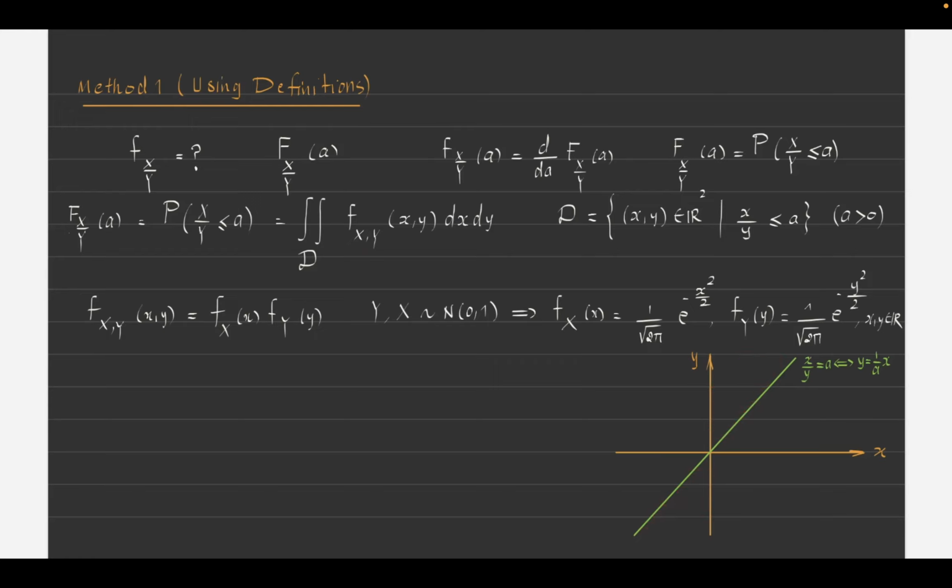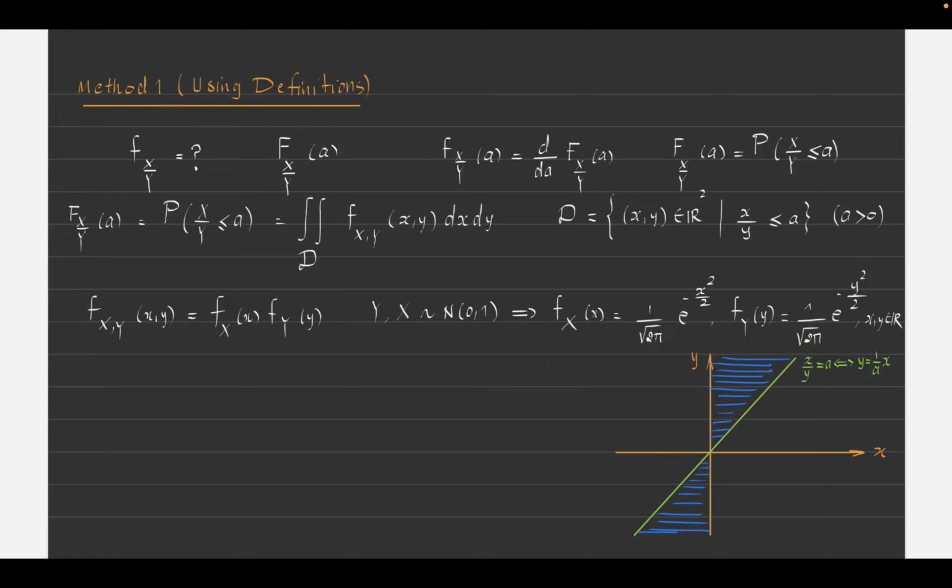So let me hatch and highlight these regions. This is one part of the plane that satisfies x over y less than or equal to a, and there is another part of the plane that satisfies the same condition, and it is here.